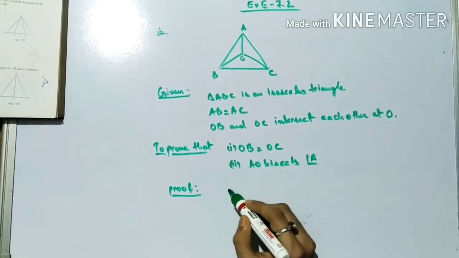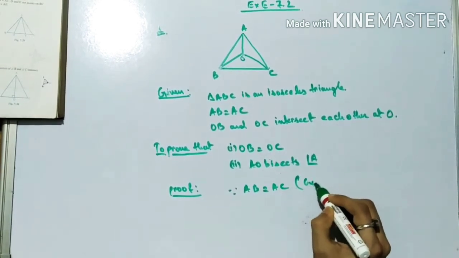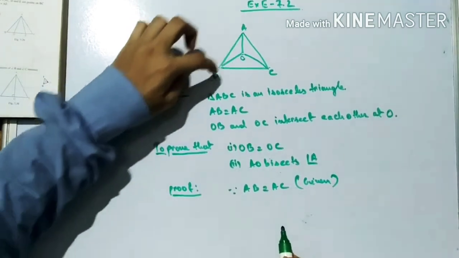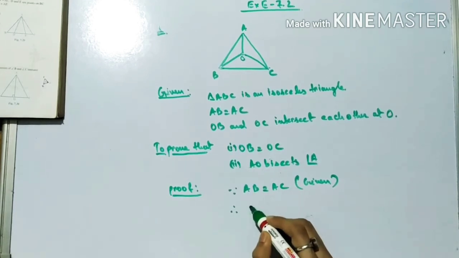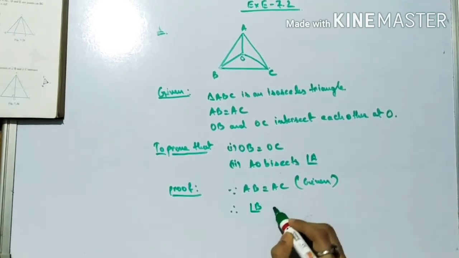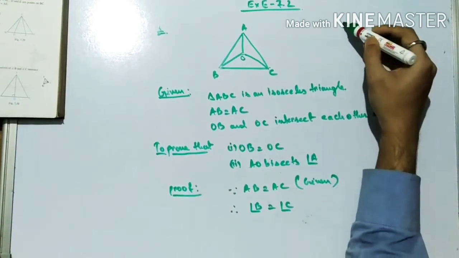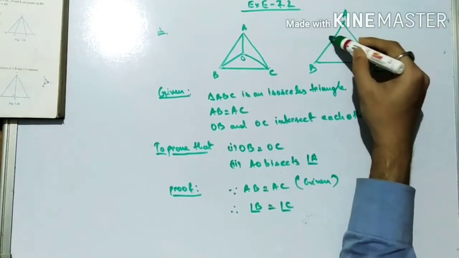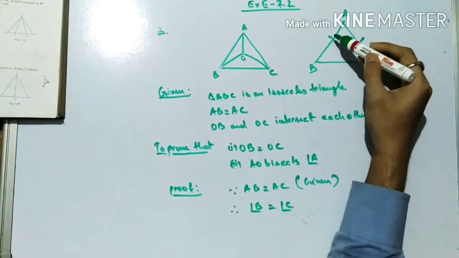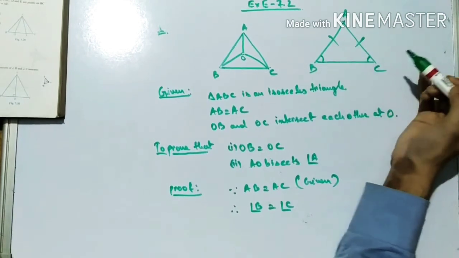So in proof, what will I write? I will write that since AB is equal to AC, and this is our given, therefore I can say that angle B is equal to angle C. In lower classes we have already learned that in a triangle, if AB is equal to AC, then the angles opposite to them will also be equal.